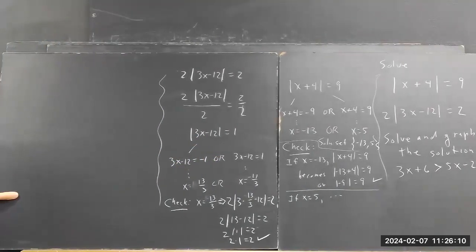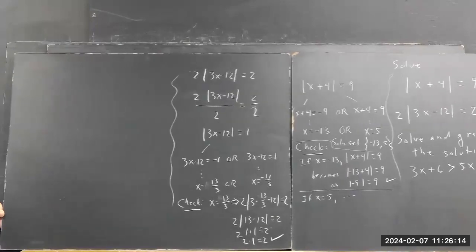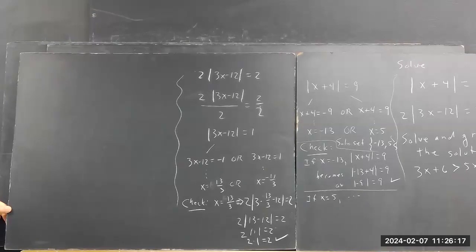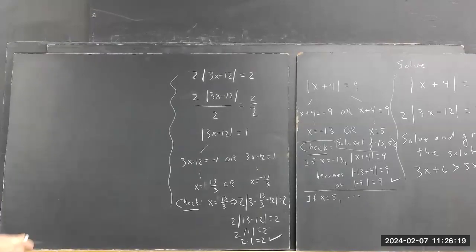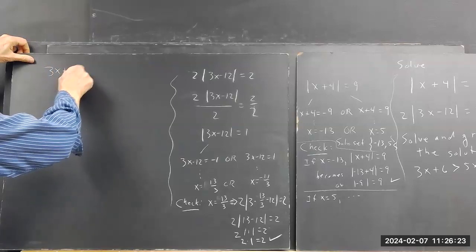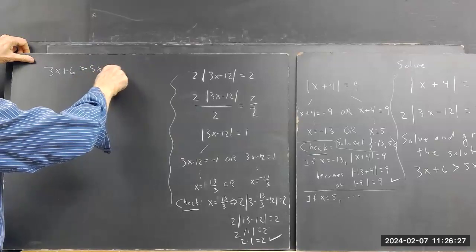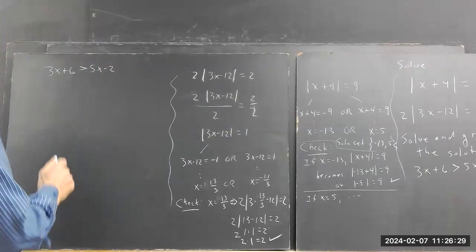And I'm not really trying to trap you, just trying to make a point. Okay, so we have 3x plus 6 greater than 5x minus 2. Okay.